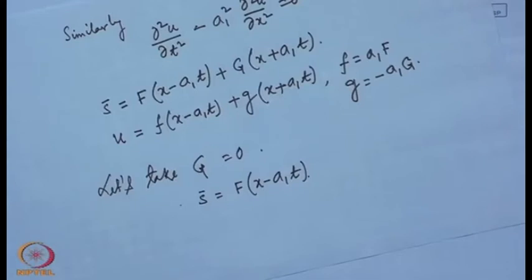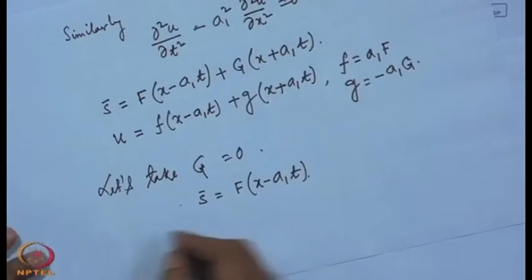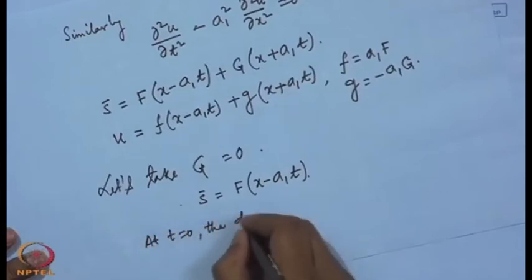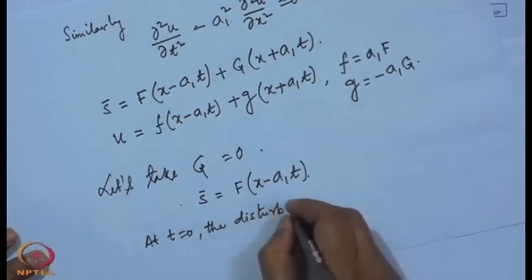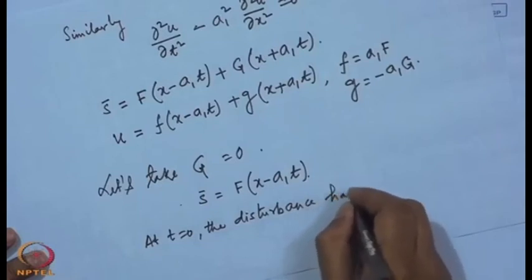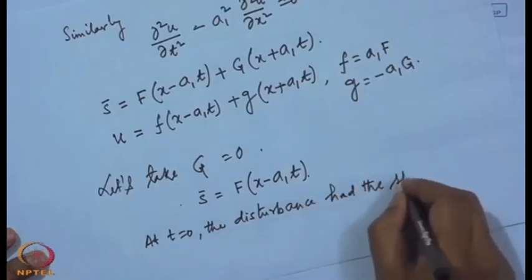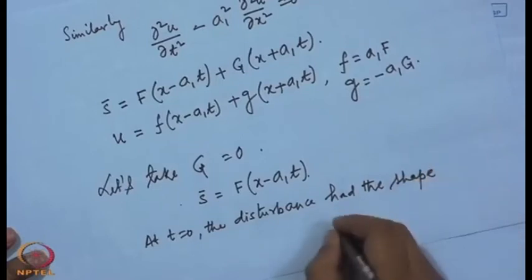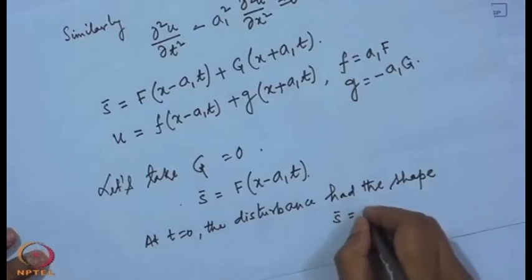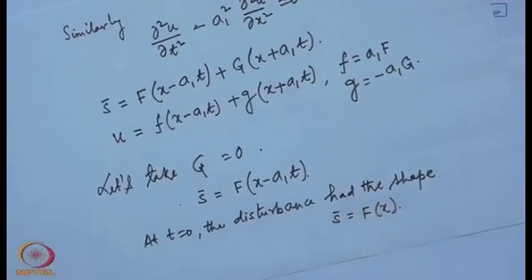This represents a disturbance or wave which at time t equal to 0 had the shape, that is at t equal to 0 the disturbance had the shape, and what we see that at time t the disturbance is exactly the same shape, but with the corresponding points displaced a distance a 1 t to the right.